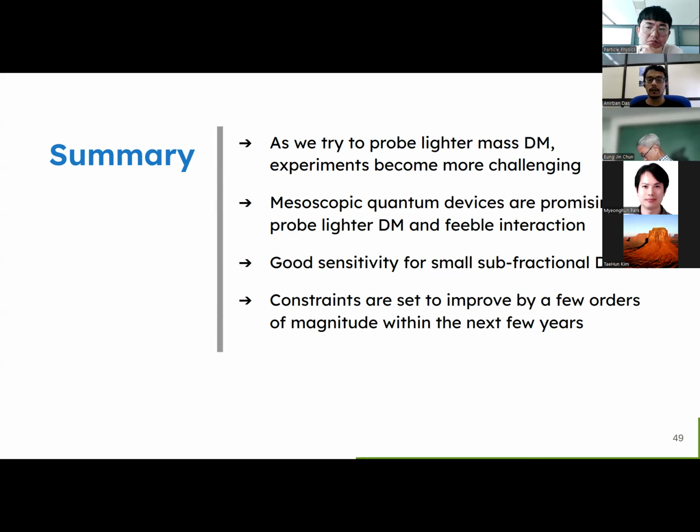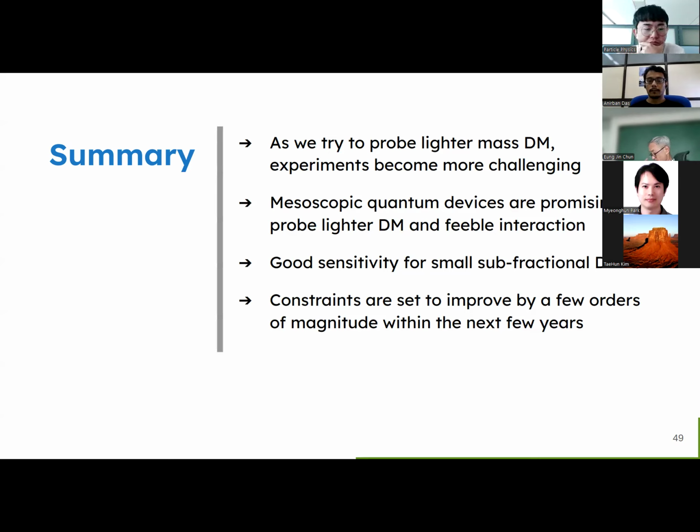The advantage of this new technique is that we already have very good sensitivities and very capable technology for these qubits, especially in the transmon qubit community, and we can directly take the technology from them, build some interesting experiments, and get some results.